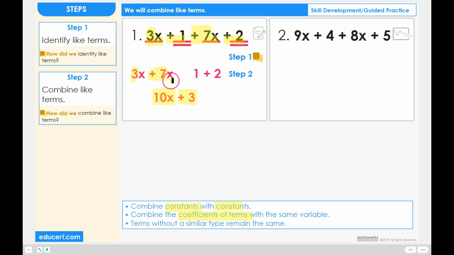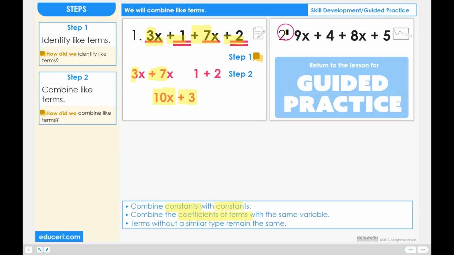So in step 2, to actually combine the like terms, we added together the coefficients of the variable term and got 10x, and we added together the constants to get 1 plus 2 equals plus 3, and our final answer was 10x plus 3. We were done because we know that we cannot combine these two final terms. They are not like terms. You are now ready to combine like terms in problem number 2.